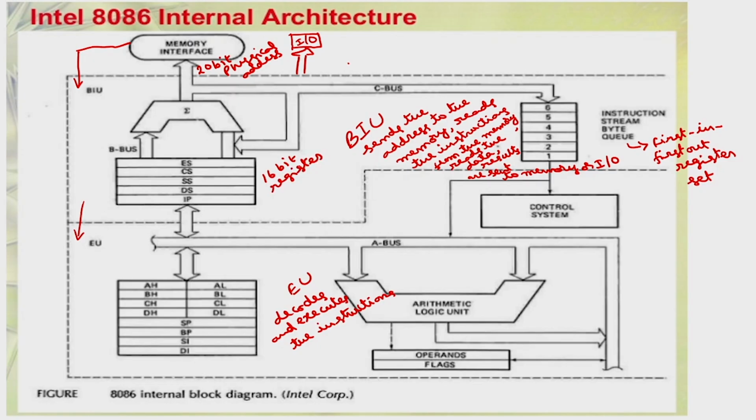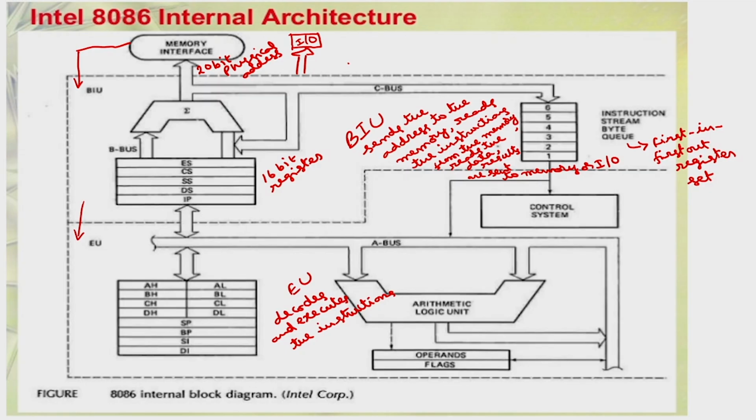To obtain this 20-bit physical address from 16-bit registers, we use the operation I have already explained: the contents of any segment register times 10H plus the instruction pointer, base pointer or index pointer, depending upon the type of segment we are going to use.